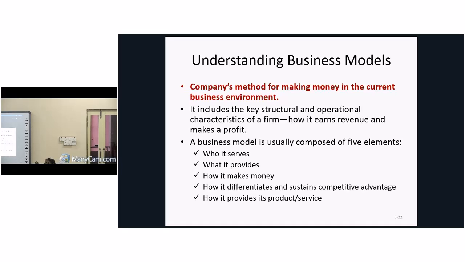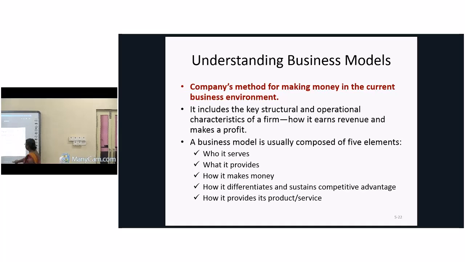Whether attaching a label, there are different ways they can make money. How it differentiates and sustains competitive advantages, how it provides its products or service, how it serves its customers. When you describe these points, you will have a business model. You can develop a business model by describing these points. So, it says what the business model is.